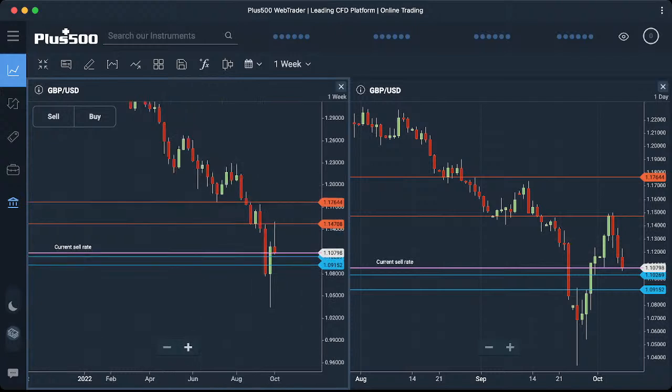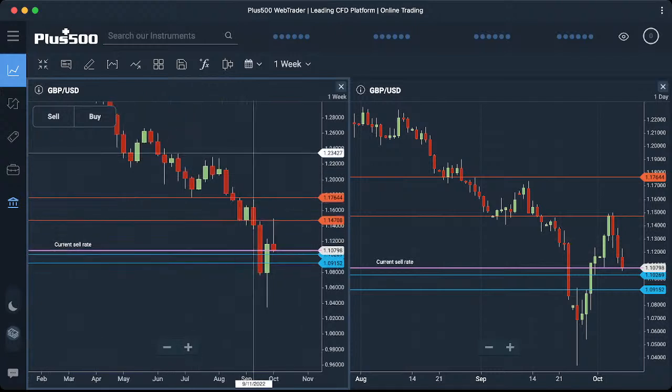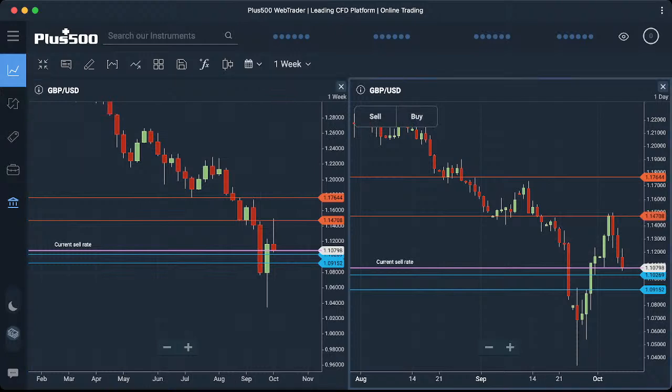So here, this is the weekly chart on the left side, and you can see the daily chart on the right side.